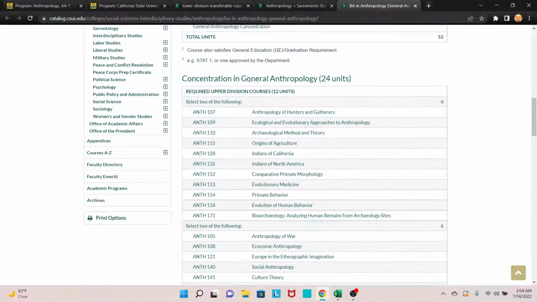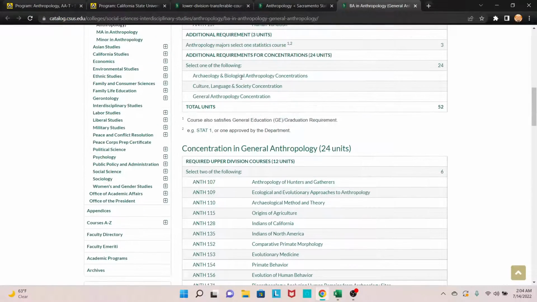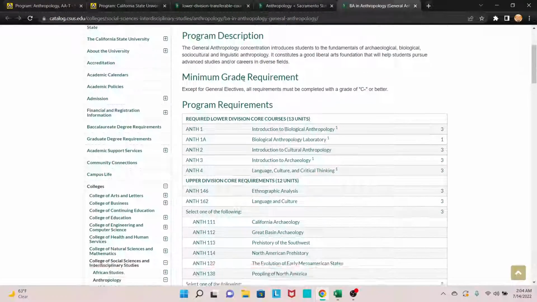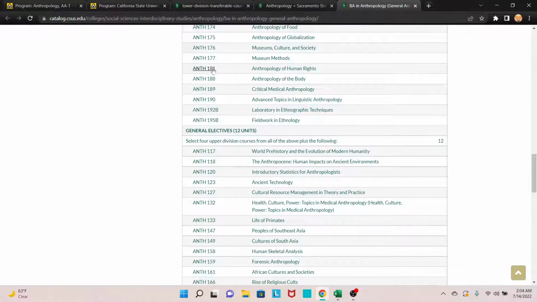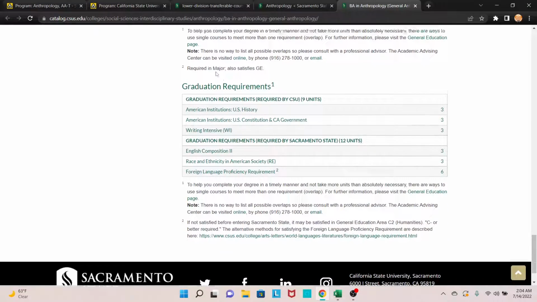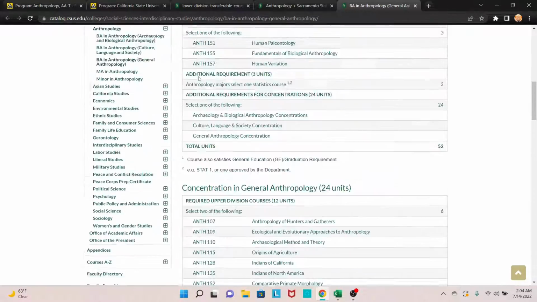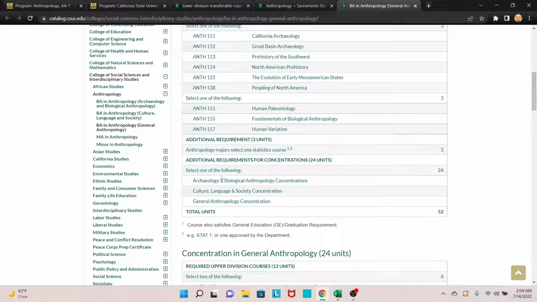So this is a general anthro, and we keep scrolling. It does not look like they offer the other 2 on this website. I'm sure I can find it somewhere else through their website if someone was serious about looking into either the archaeology or cultural. So for the example, we can definitely use general later on.